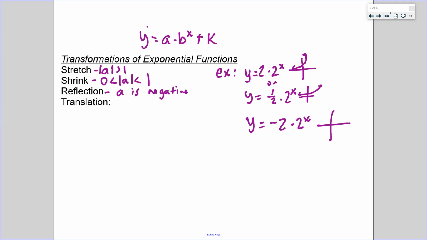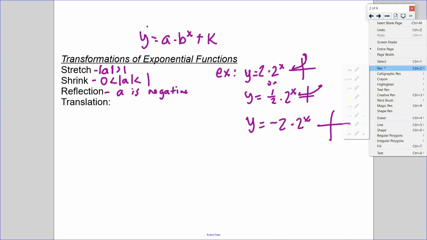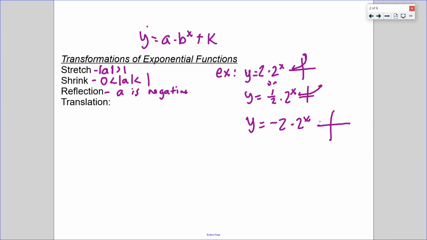Before, our graph was like this in red. But then the reflection, in purple, looks like this. So it just reflects over the x-axis.